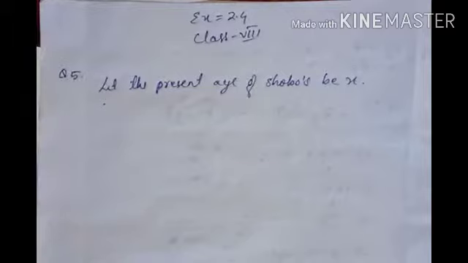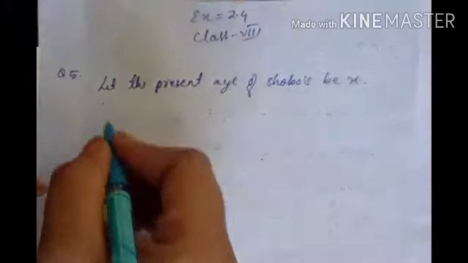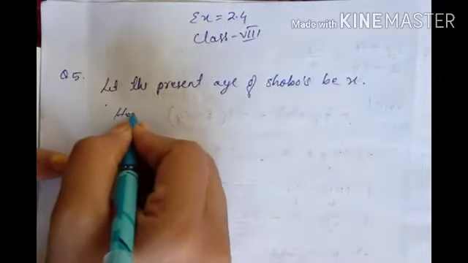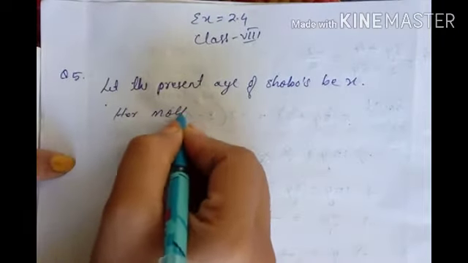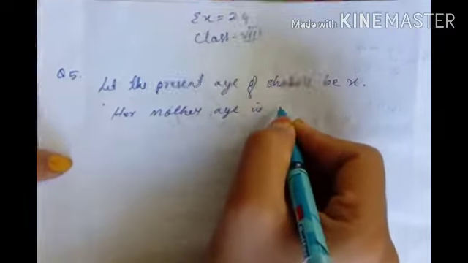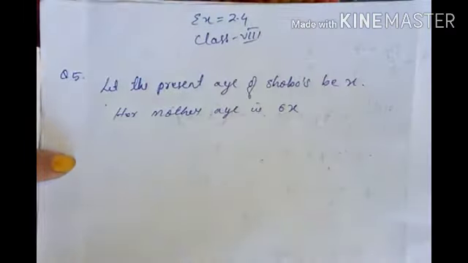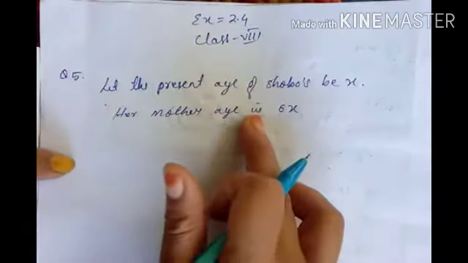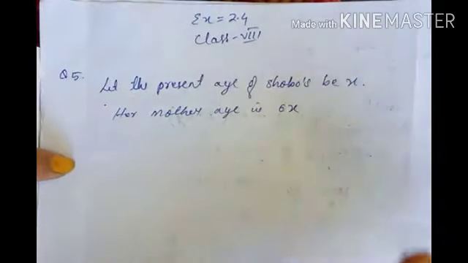Okay, her present age is x. Then her mother's age is how much? 6 times, that means 6x.